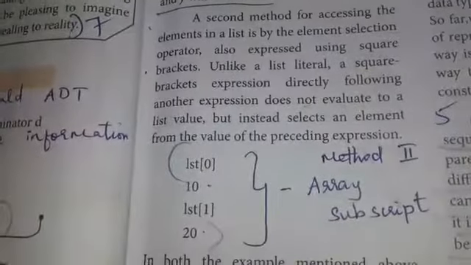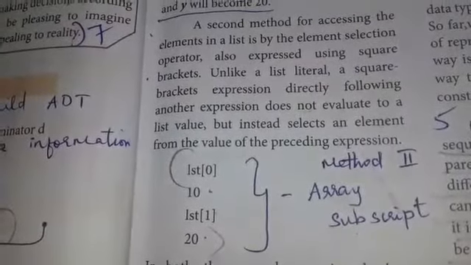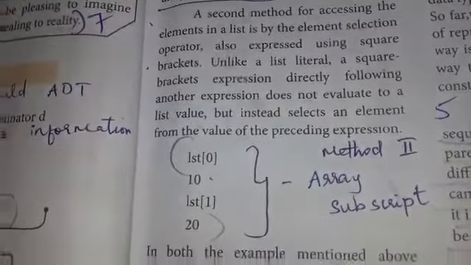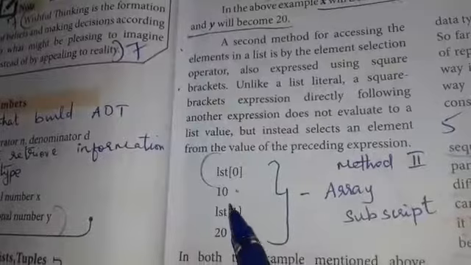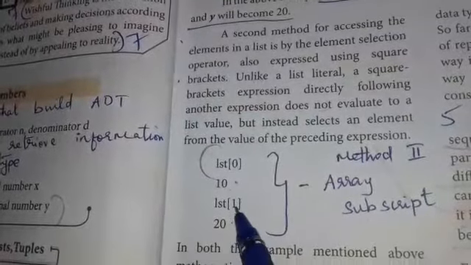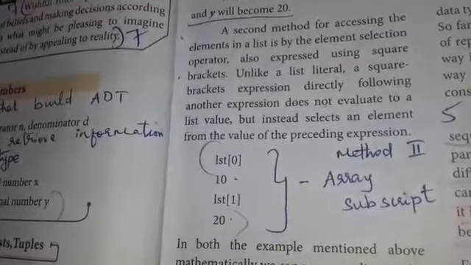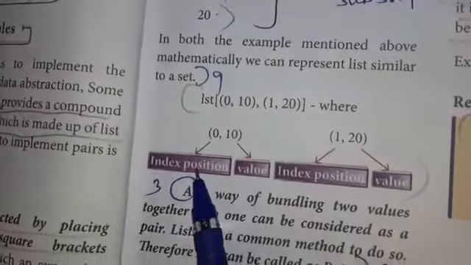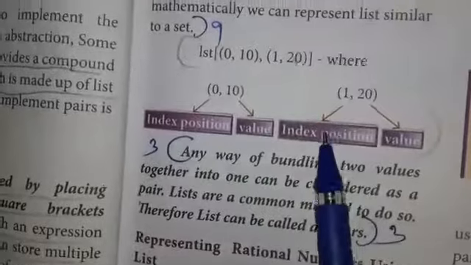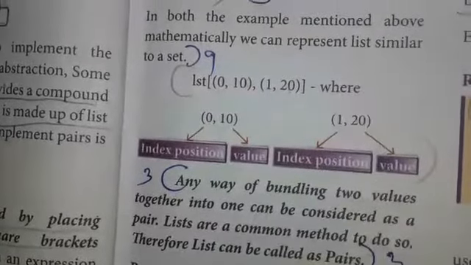In the square brackets we give the index position of the value instead of giving the exact number. So here in the 0th position we have the value 10, in the first position we have 20. So the value will be taken like this. 0 is the index position, 10 is the value, 1 is the position and 20 is the value.